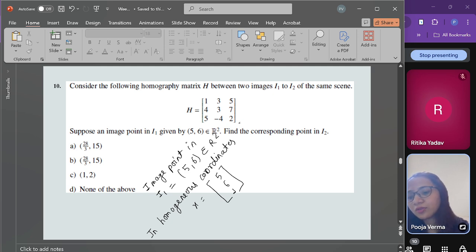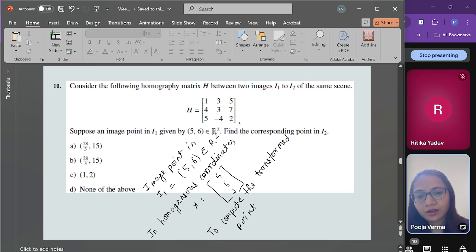In the homogeneous coordinates, to compute a transformed point, the transformed point, which we can say x prime or x dash, is equal to H of x, where x is the point in I1 that belongs to real space.